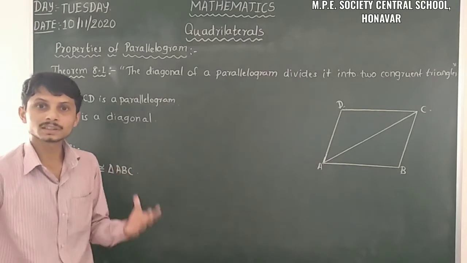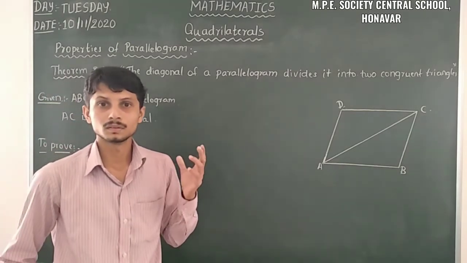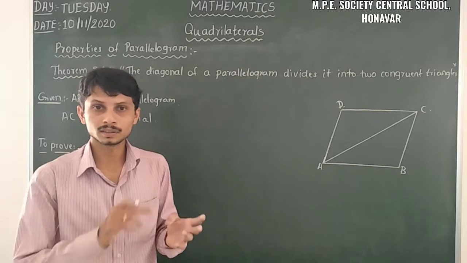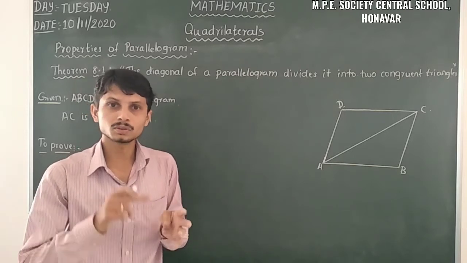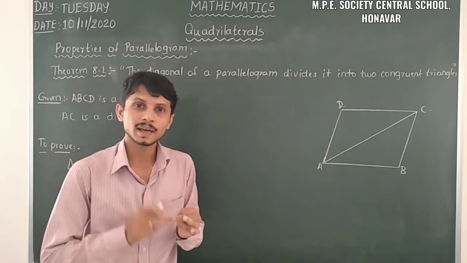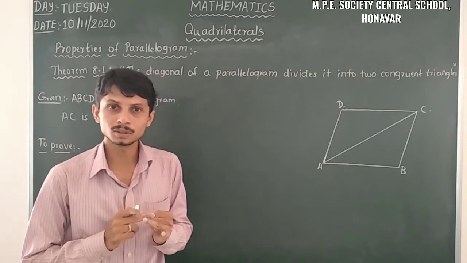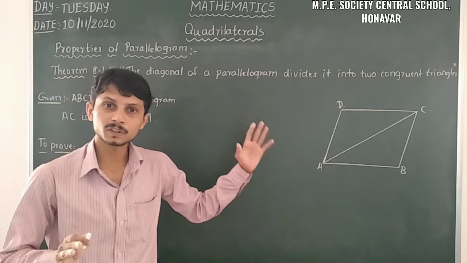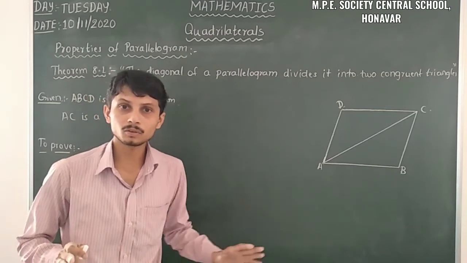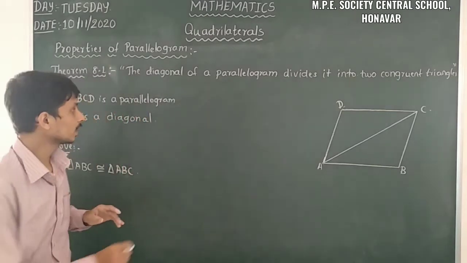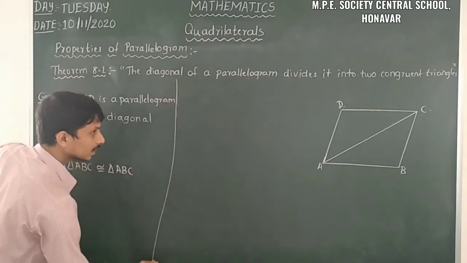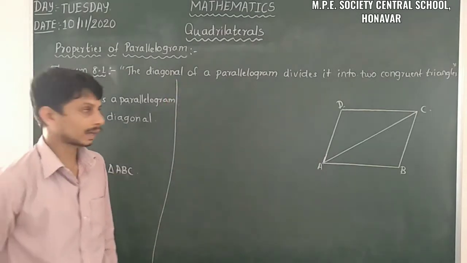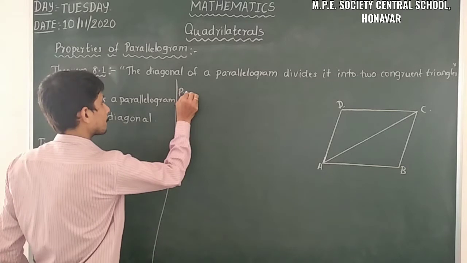We can use some of the congruency criteria, SAS congruency, or ASA congruency, or SSS congruency. But we have to know which one is right, and then take the right congruence. So let us take those two triangles first. Proof.